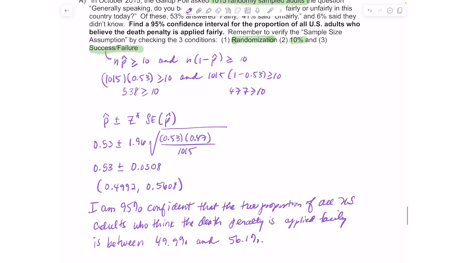So our sample told us it was 53%, but we're 95% confident the true proportion of adults who think the death penalty is applied fairly is somewhere between 49.9% and 56.1%.